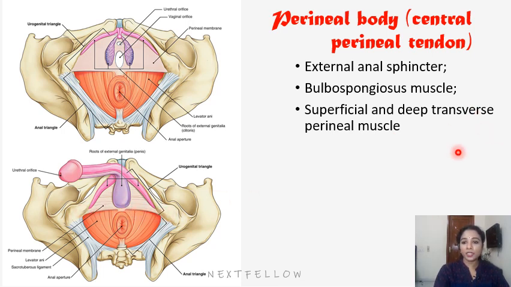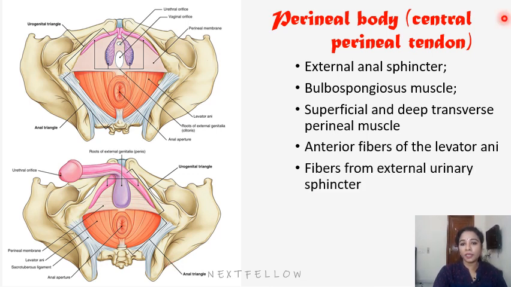Anterior fibers of levator ani, that is the pubococcygeus part of levator ani, including puborectalis and pubovaginalis, which are parts of pubococcygeus, take part in the formation of perineal body, and fibers from the external urethral sphincter and conjoint longitudinal coat of rectum.